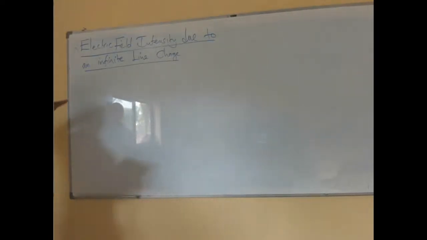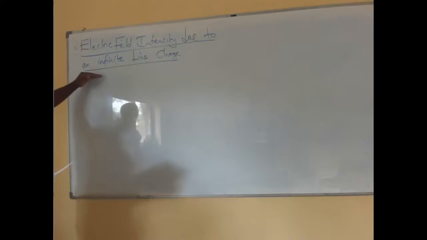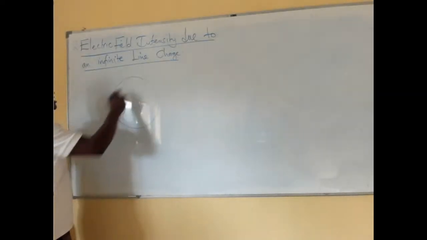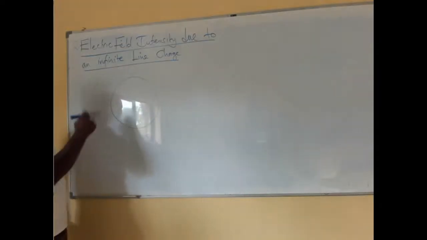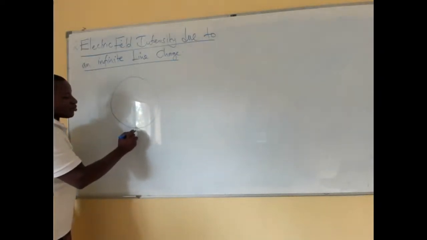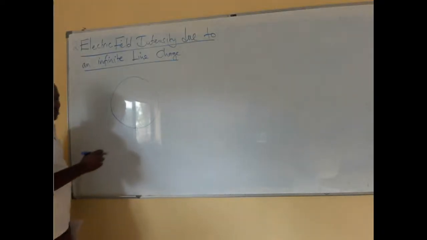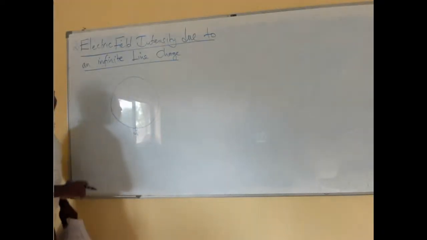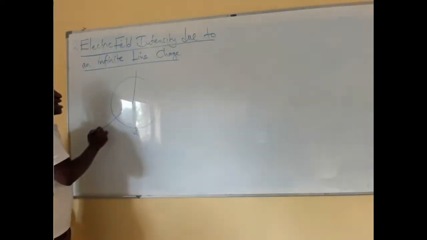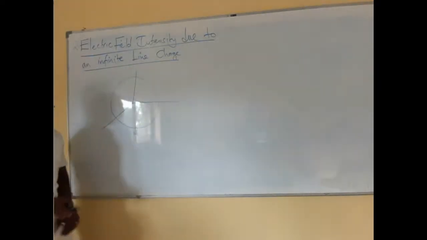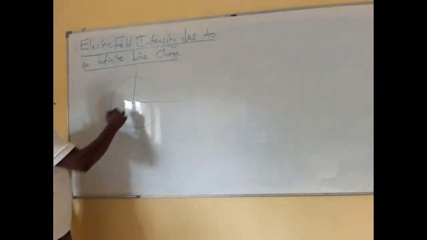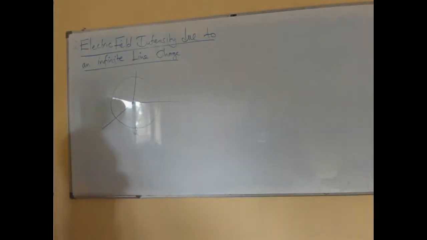Last week we were looking at just a ring which has been charged. We had a ring like this, and remember very well, we had gotten a small piece here which we called the dl. We did the derivation all the way to the final expression.